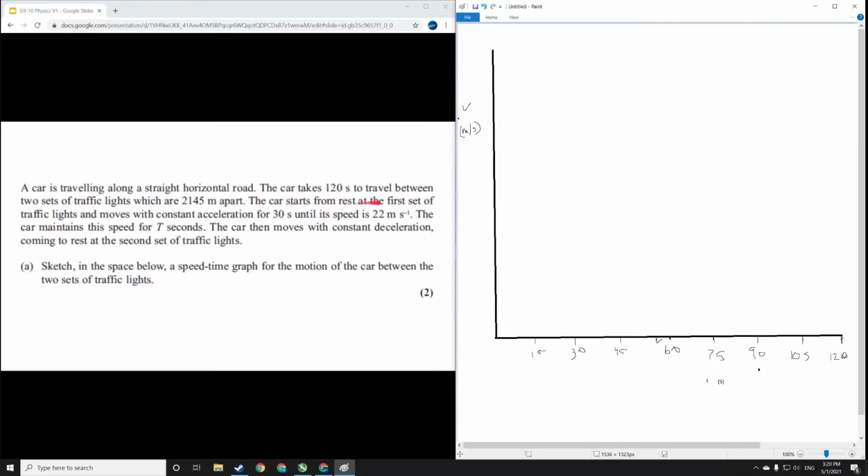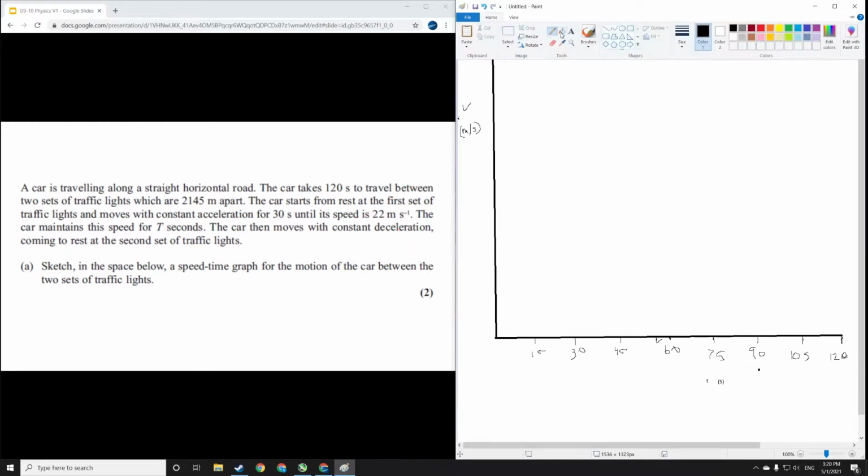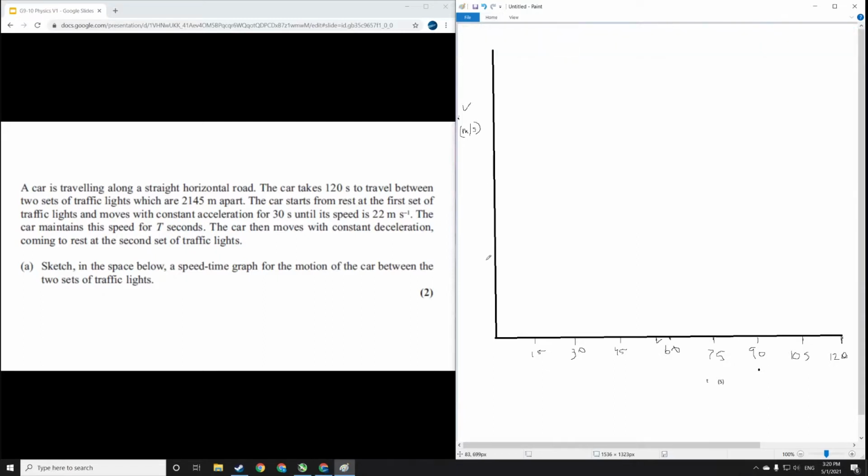So the car starts from rest at the first set of traffic lights and moves with constant acceleration for 30 seconds until its speed is 22 meters per second. Okay, so let's draw that. Let's make this 30. We'll make this 20. And we'll make this 10. 5. 15, and this can be 25.